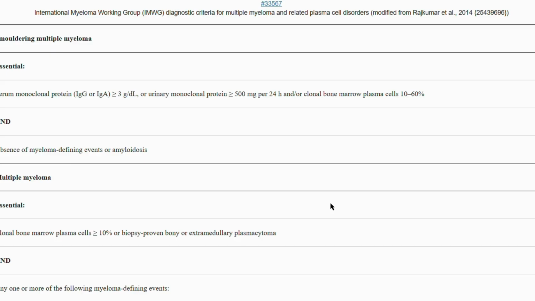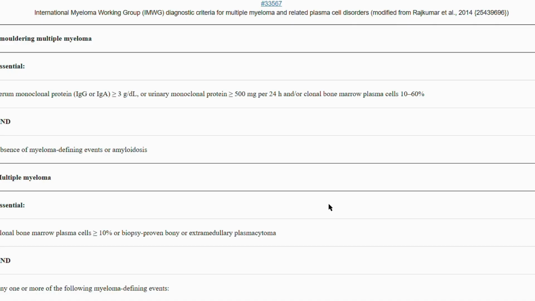Now, if we briefly review the criteria for the diagnosis of plasma cell myeloma or the plasma cell neoplasms, considering the International Myeloma Working Group diagnostic criteria, as also published in the WHO 5th edition classification of tumors, there are several criteria for these types of plasma cell myeloma.